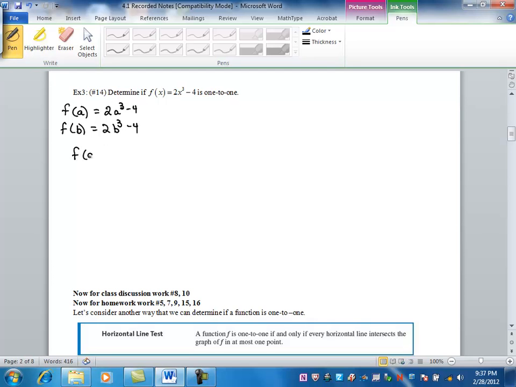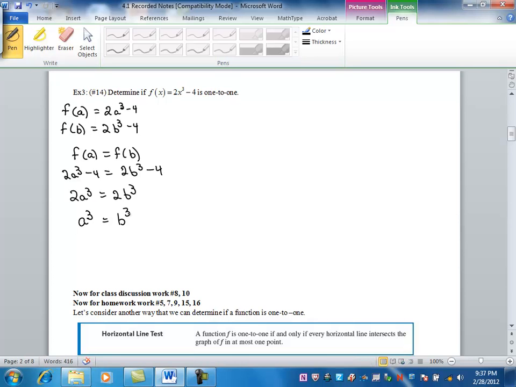So if we set f of a equal to f of b, 2a cubed minus 4 equals 2b cubed minus 4, 2a cubed equals 2b cubed, a cubed equals b cubed.